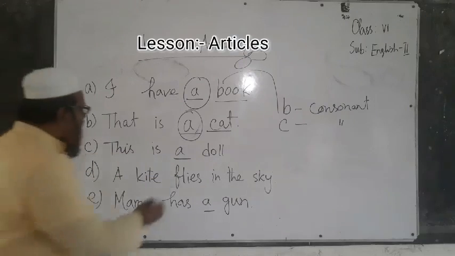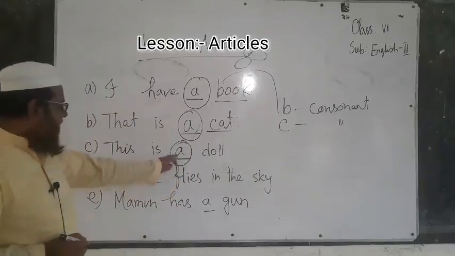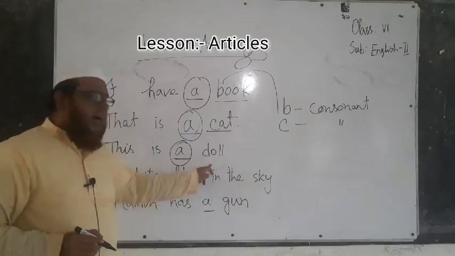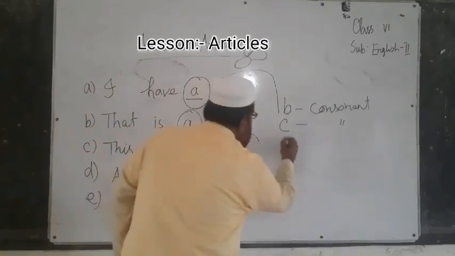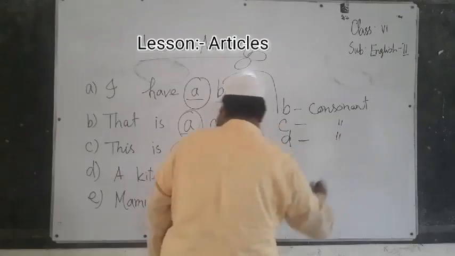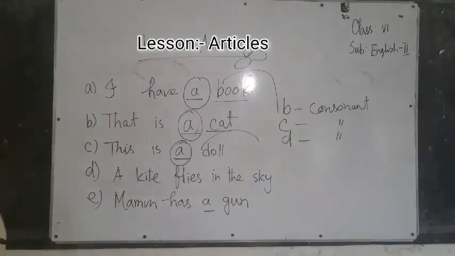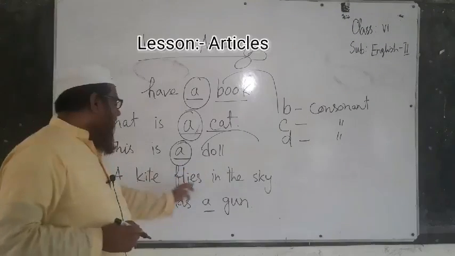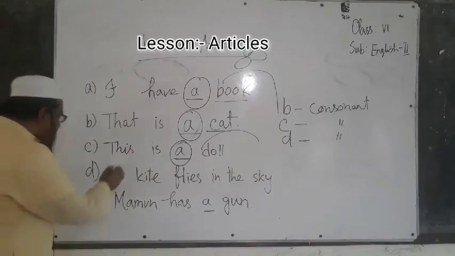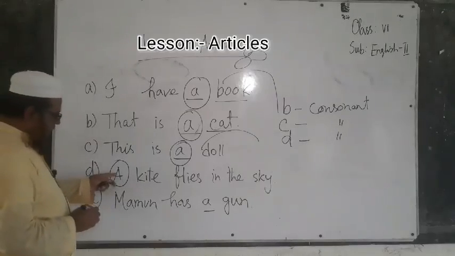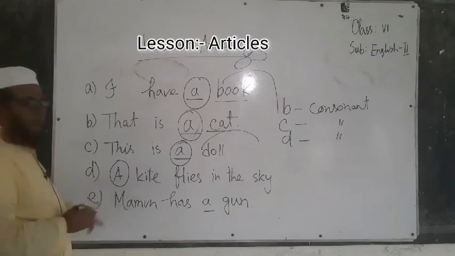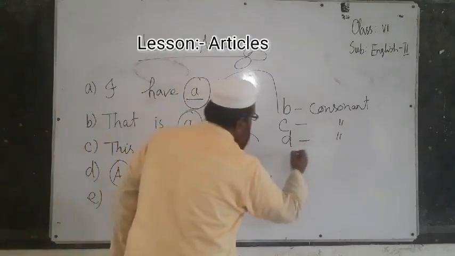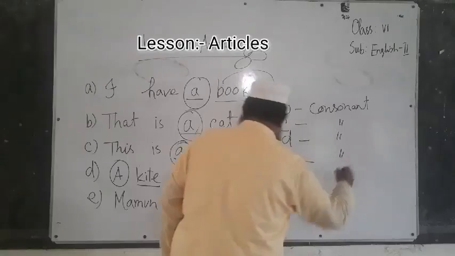In the next sentence, this is a dog. Here, a is an article, and it is used before the word dog. The starting letter of the word dog is D. It is also a consonant. In the next sentence, a kite flies in the sky. We use this article a before the word kite. The starting letter of kite is K. K is also a consonant.